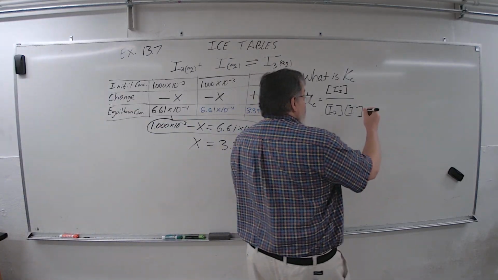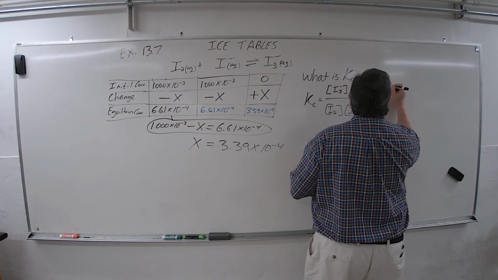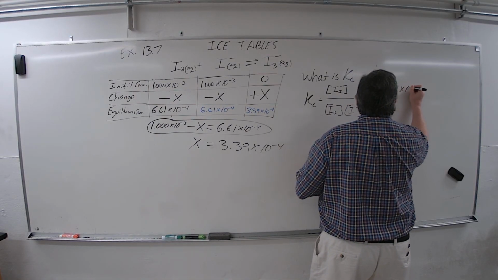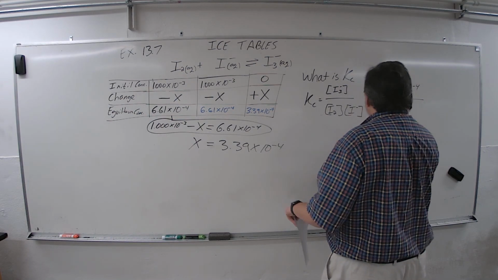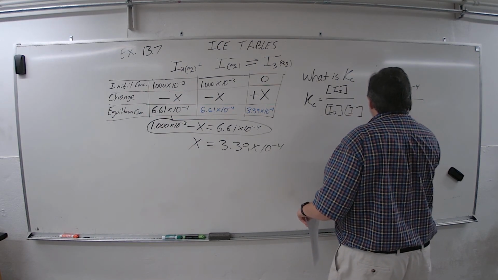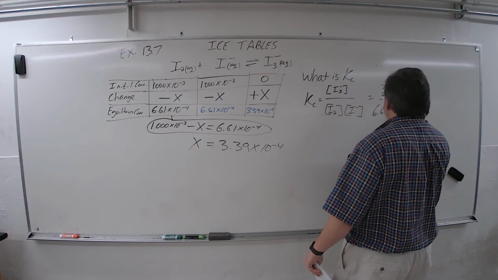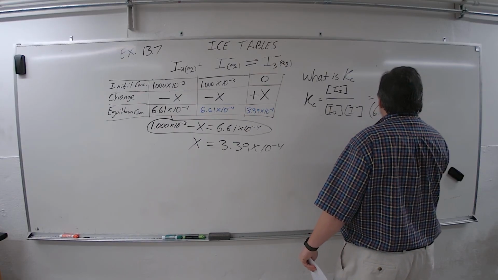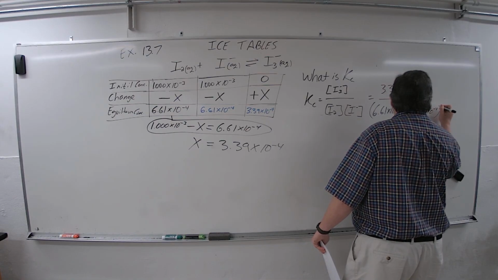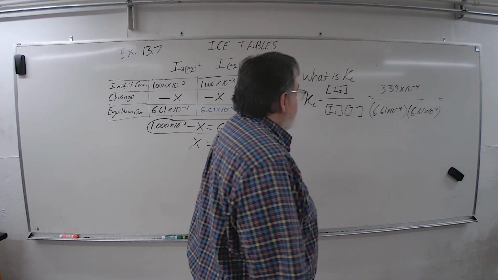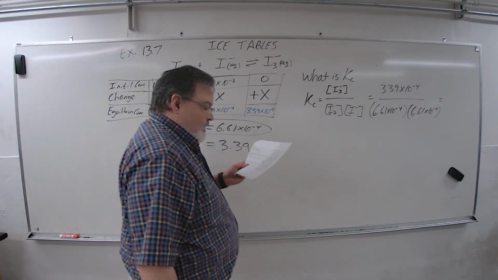You'll have that over these concentrations, 6.61 times 10 to the negative 4, 6.61. And then you can solve for Kc.